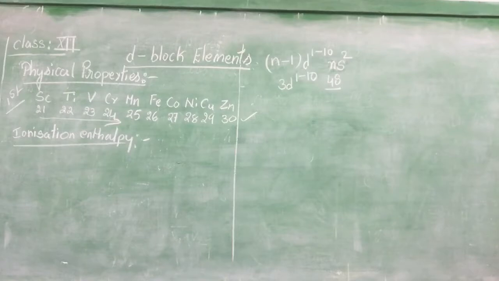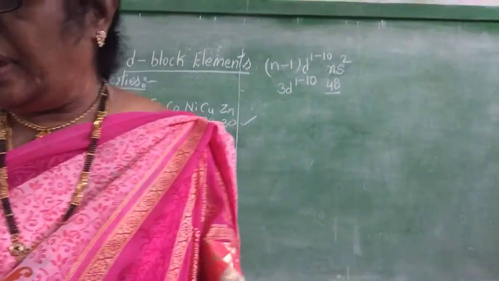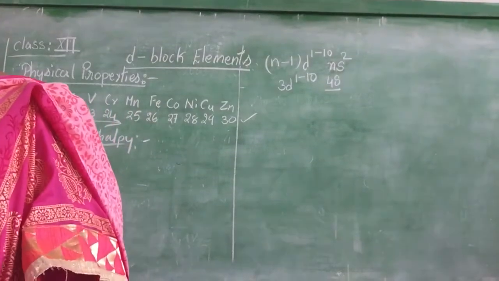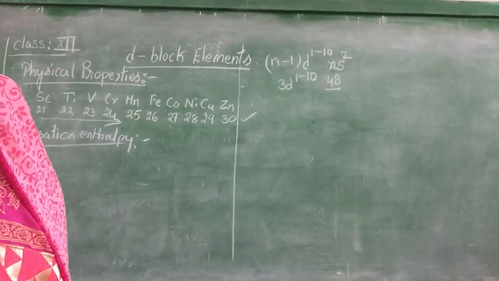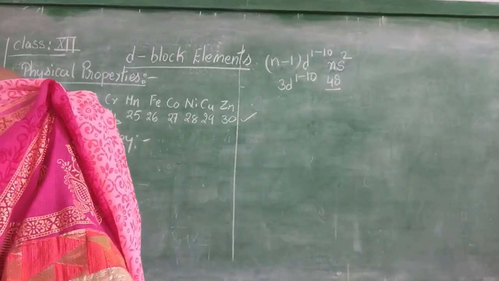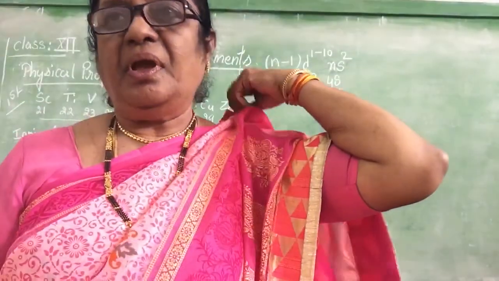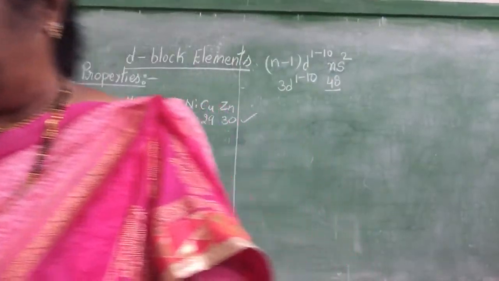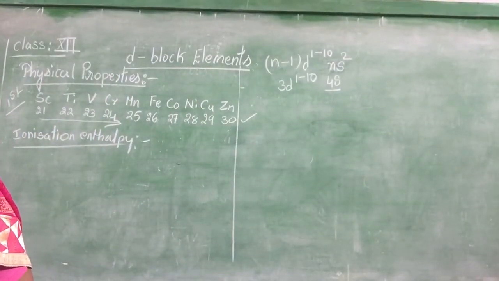Due to the increase in the nuclear charge which accompanies the filling of the inner d orbital, there is an increase in ionization enthalpy along the series of the transition elements with the decrease in the size of an atom. Okay. However, small variations are there.